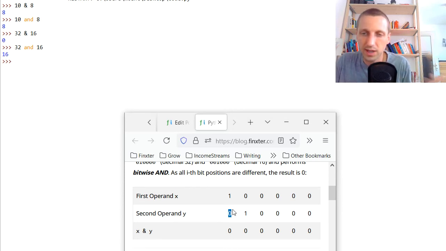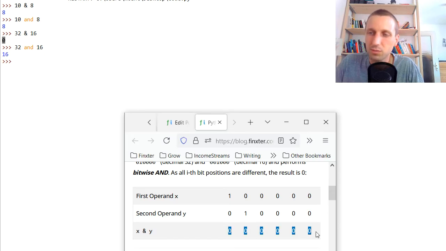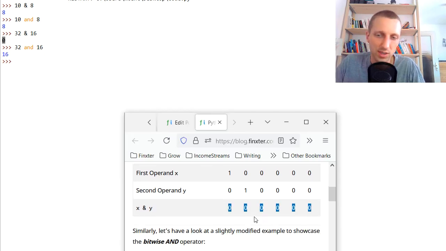In this case, at least one operand is 0 or both operands are 0, which means that the logical AND of those 2 bits is 0 as well. So we have zeros everywhere because there's no position where we have a 1 in both. Therefore, the result of 32 bitwise AND 16 is 0.